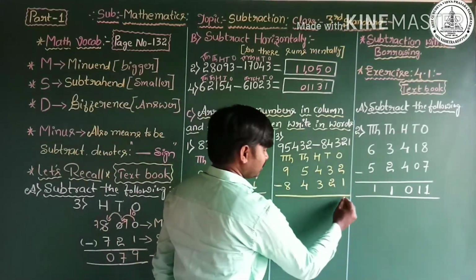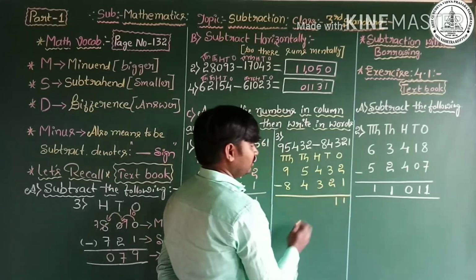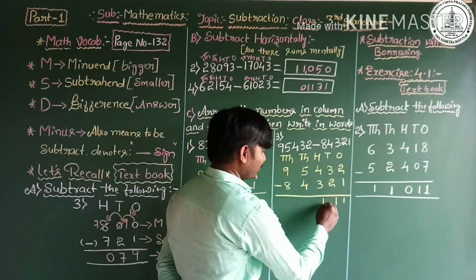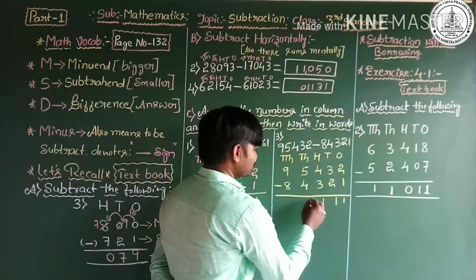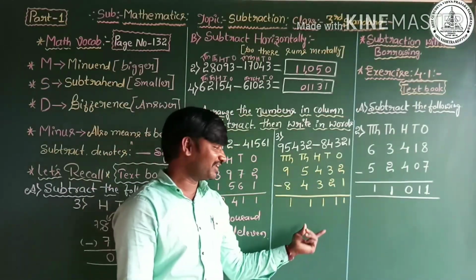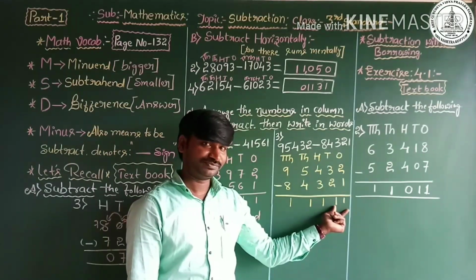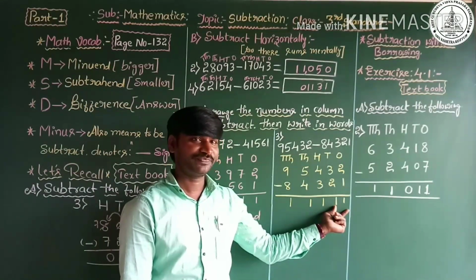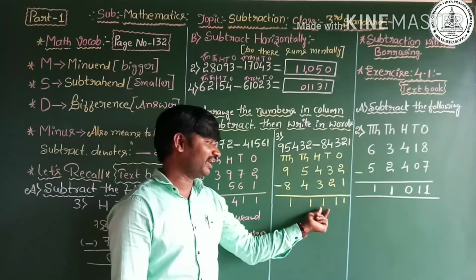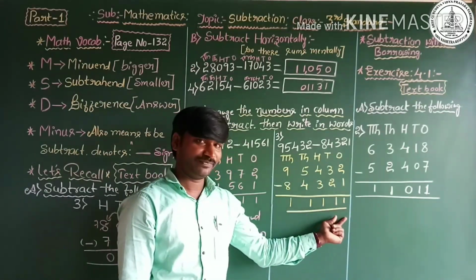2 minus 1 is 1. Your answer is right. 3 minus 2 is also 1. 4 minus 3 is also 1. 5 minus 4 is also 1. 9 minus 8 is also 1. Dear student, what is the value? 11,111. Yes, I am right. We get the value 11,111.